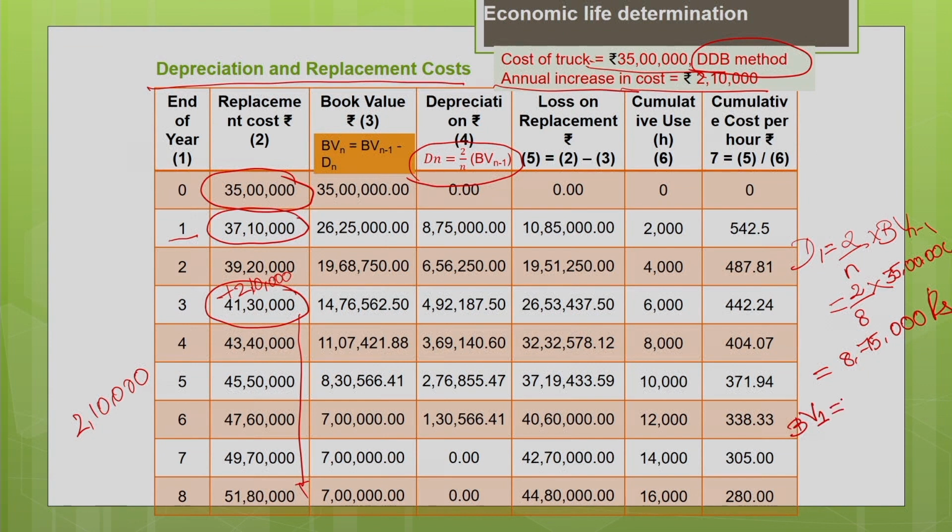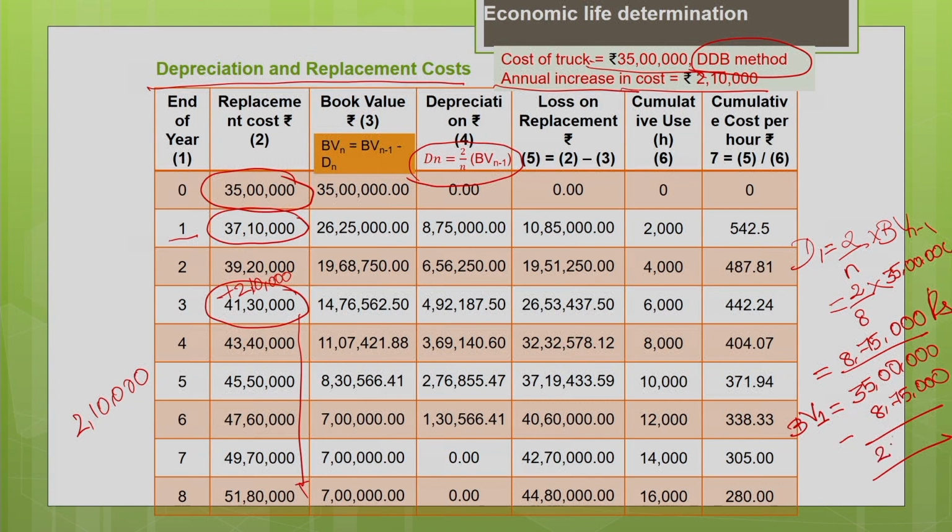Book value at the beginning of the year is 35 lakh minus your depreciation for the first year. Depreciation for the first year is 8,75,000. You subtract both, you will get the book value at the end of first year.